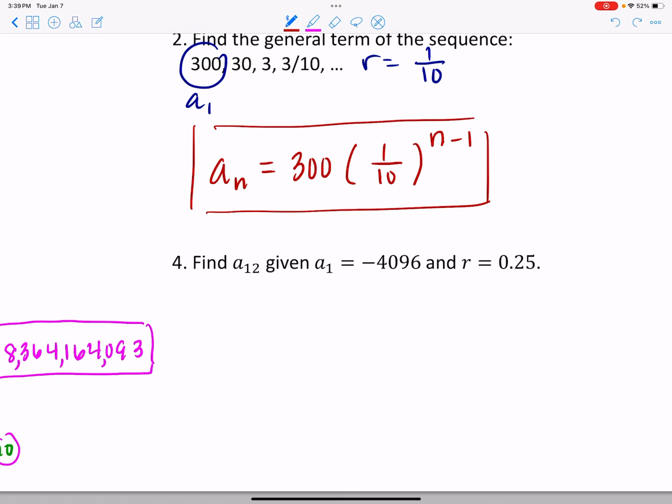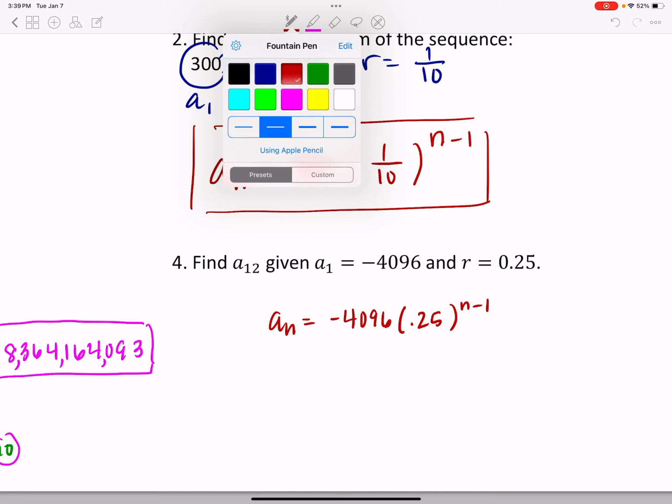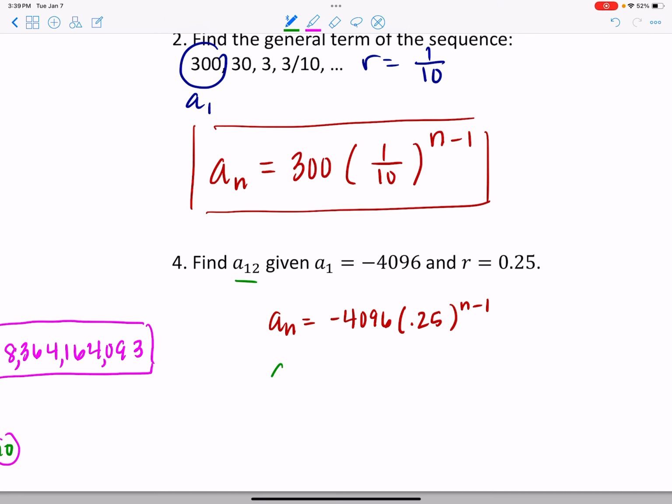The general term on this list, again, is that first term multiplied by the common ratio raised to the n minus 1 power. We want to find the 12th term, so a sub 12 would be negative 4,096 times 0.25 to the 12 minus 1 power.